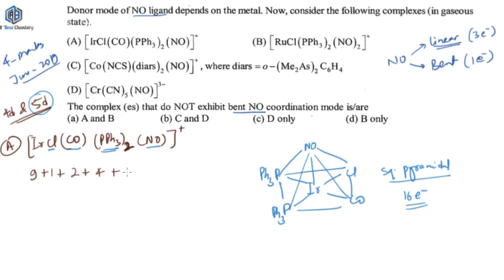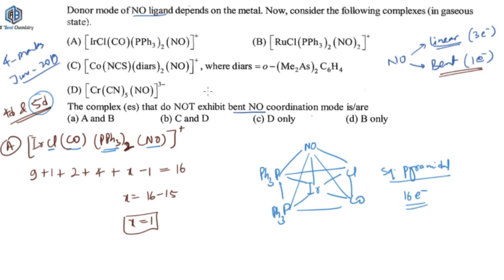And this NO, we don't know how many electrons it is giving, so let's take it as X. And minus 1 because we have an overall positive charge, and this should be equal to 16 as it has to follow the 16 electron rule, right? Now when you add this up, 9 plus 1 is 10, plus 6 is 16, minus 1 is 15. So X will be equal to 16 minus 15, and X will be equal to 1. That means over here NO is present in the bent mode, not in the linear mode.